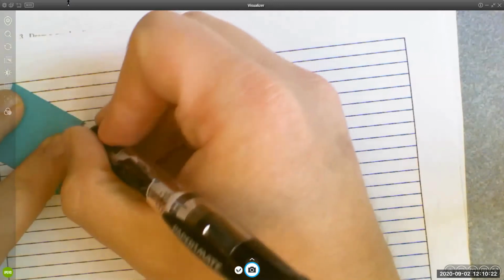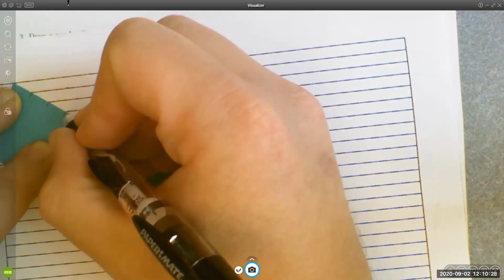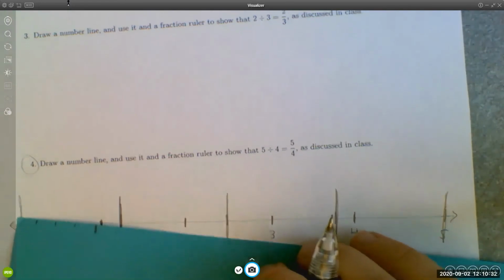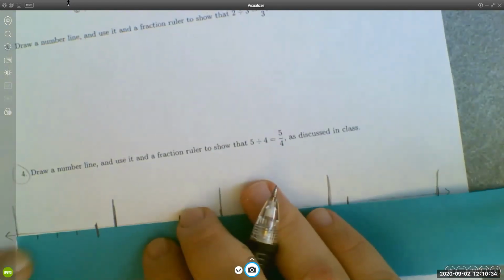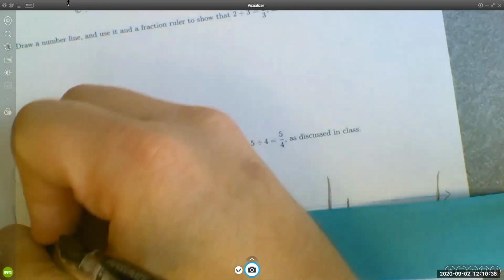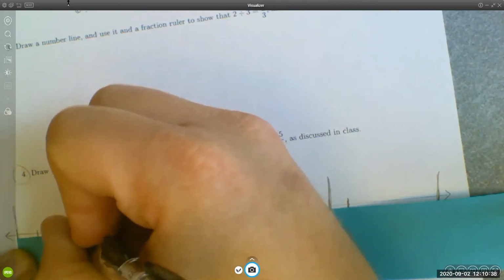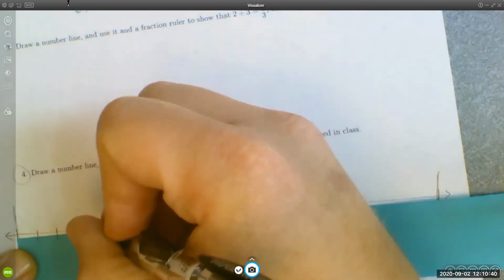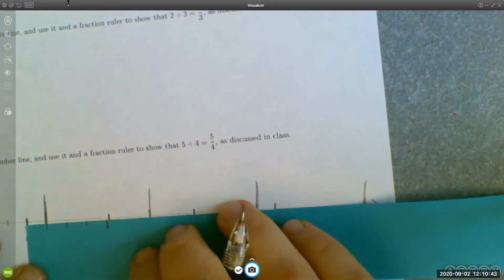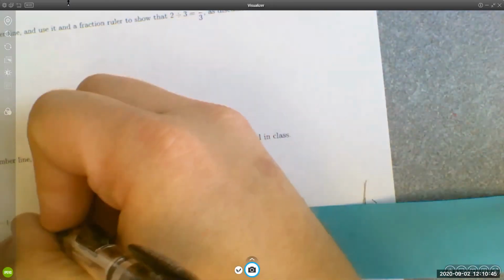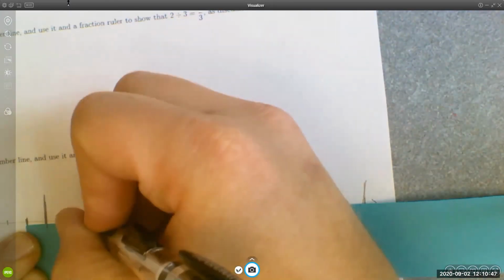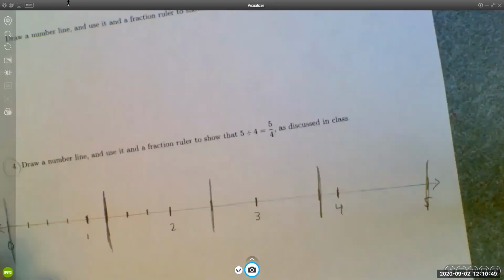Puts me right there. Then I can take this and transfer it back to the work I did here. I've got 1/4, 2/4, 3/4, 1, 4/4. And then for 5/4, I can just start again. 5/4, 6/4, 7/4, 8/4, right?